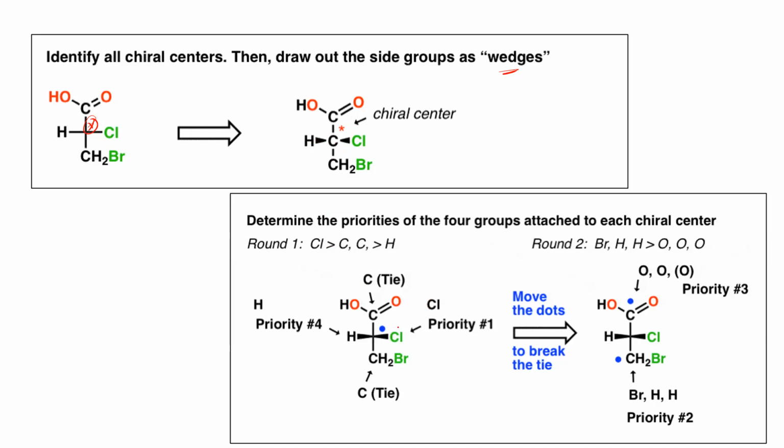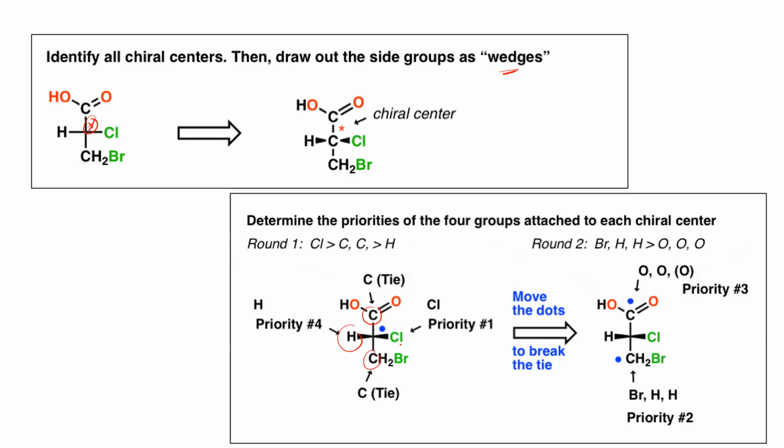Just to remind you about the priorities, you assign the chlorine as priority number 1, and the other one, hydrogen, for sure is priority number 4. But now we have a tie between number 2 and number 3, because they both have the first atom as carbon. Here also carbon, here also carbon.